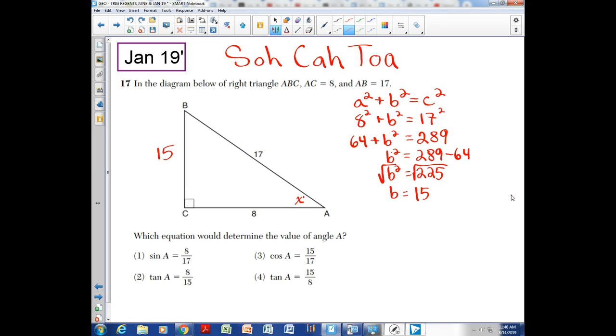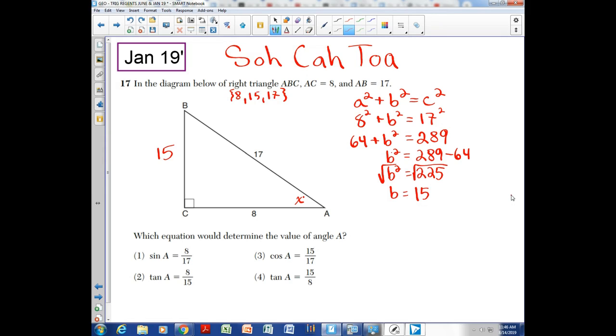I'll put that 15 in there. Now, you also could have known that this is a very famous right triangle, and this is a Pythagorean triple because all three sides are rational. So this is an 8, 15, 17 right triangle, which is a famous one.